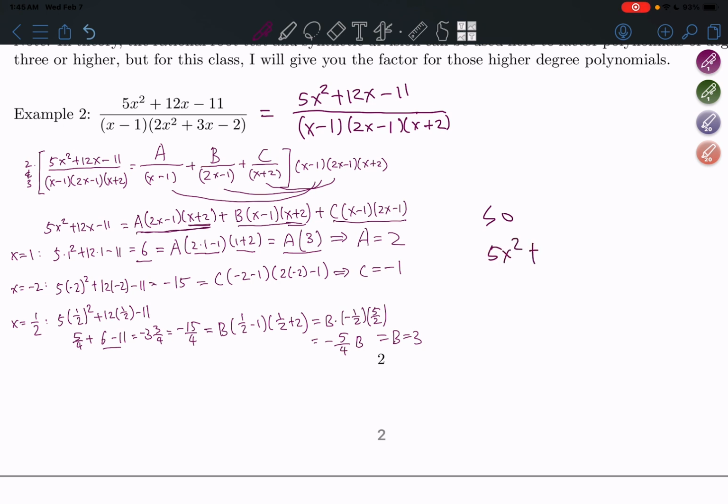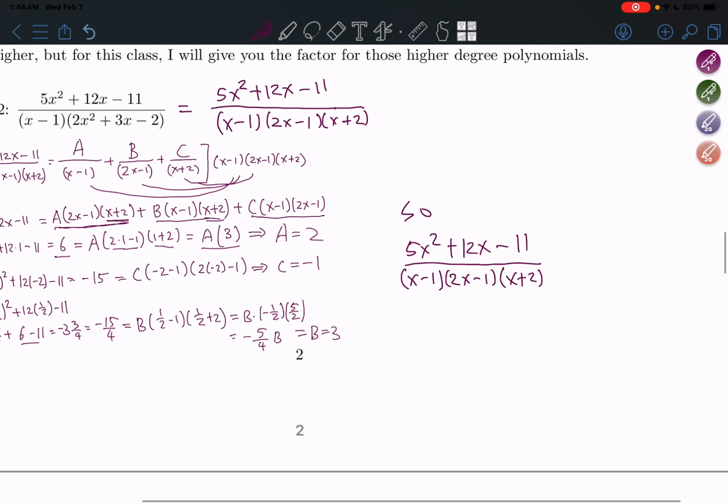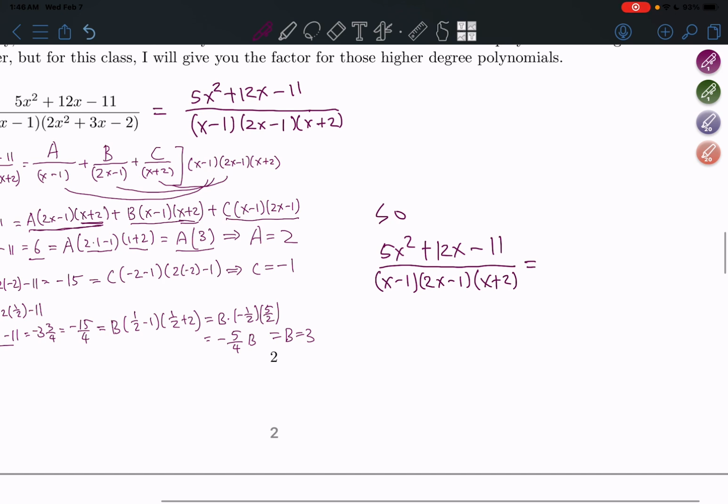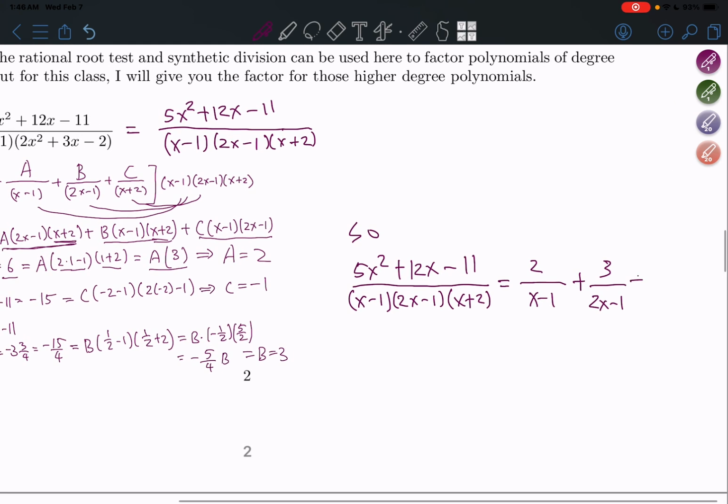5x squared plus 12x minus 11 over x minus 1, 2x minus 1, x plus 2. This is equal to, a is 2, 2 over x minus 1, plus b is 3, 3 over 2x minus 1, plus c is negative 1 over x plus 2.